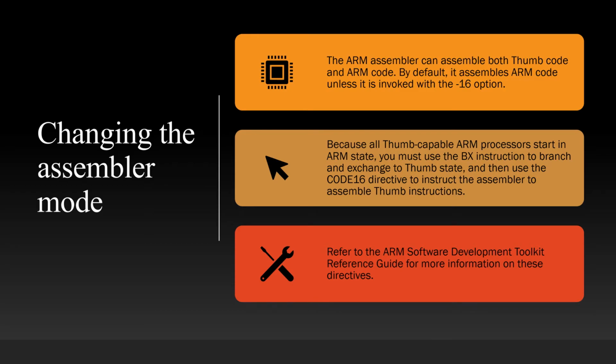Second, because all Thumb-capable ARM processors start in ARM state, you must use the BX instruction to branch and exchange to Thumb state, and then use the CODE16 directive to instruct the assembler to assemble Thumb instructions. Lastly, refer to the ARM Software Development Toolkit Reference Guide for more information on this directive.